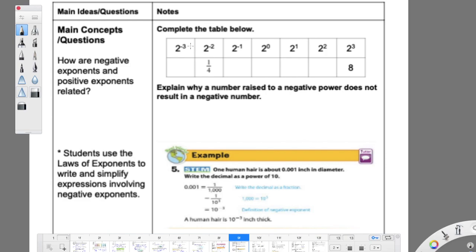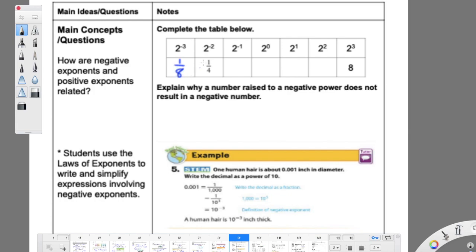So it just literally means we need to move it down. So we still apply it the same way we would a positive. That's how they're related, the negative and positive exponents. 2 to the negative 3 is still 2 times 2 times 2. It just means that it's on the bottom of the fraction instead of the top. So if 2 to the 3rd power is 8, 2 to the negative 3rd power is 1 over 8.